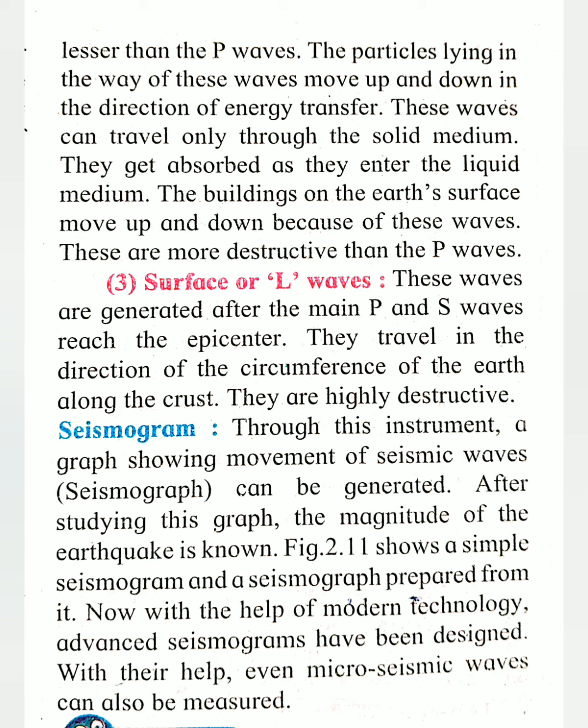So although primary and secondary waves travel from the focus, the L waves travel on the surface itself over the circumference. They are highly destructive. They are very, very destructive compared to the P waves and the S waves.